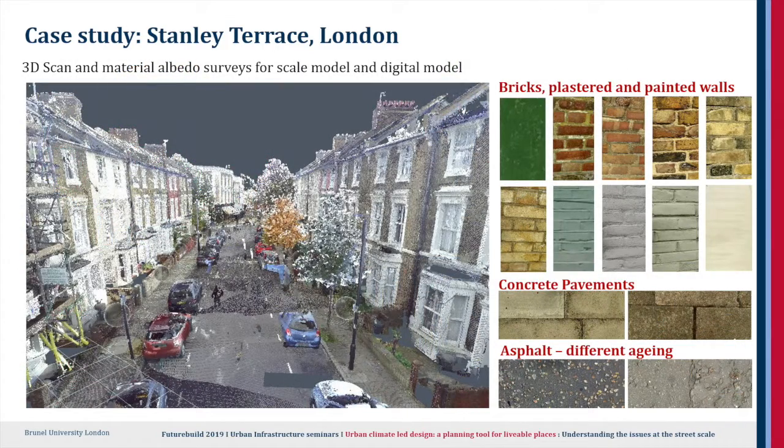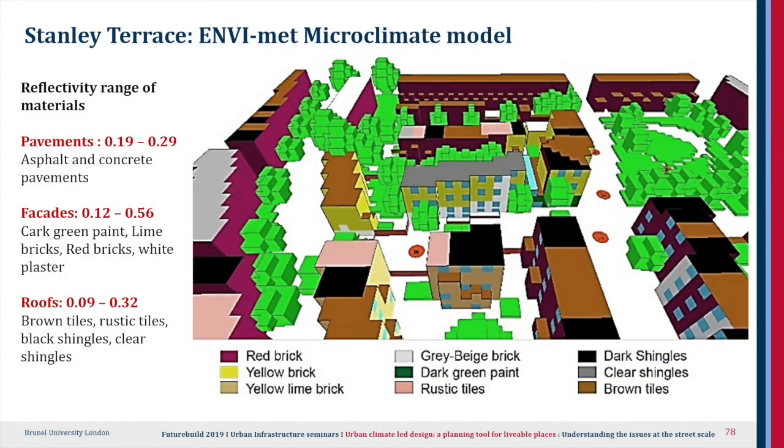So with 3D scan surveys and surveys of the materials that are actually present in that area, we are going to develop accurate models, both scale models and digital models, to carry out microclimate analysis.